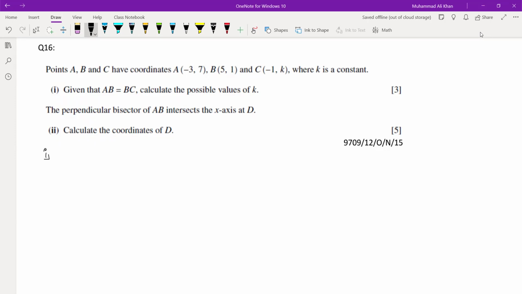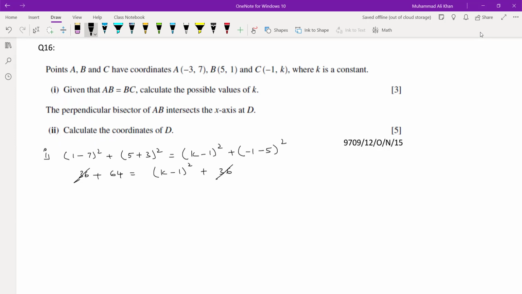So for A and B, (y2 minus y1), (1 minus 7) whole square, plus (x2 minus x1), (5 plus 3) whole square, equals B and C now: (k minus 1) whole square plus (minus 1 minus 5) whole square. Now, 6 square is 36, 8 square is 64, (k minus 1) square, here it is 36.